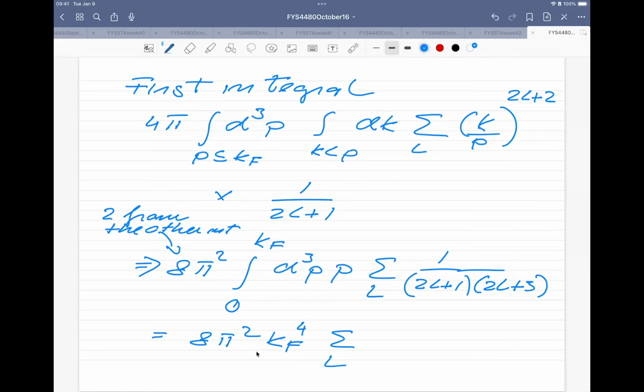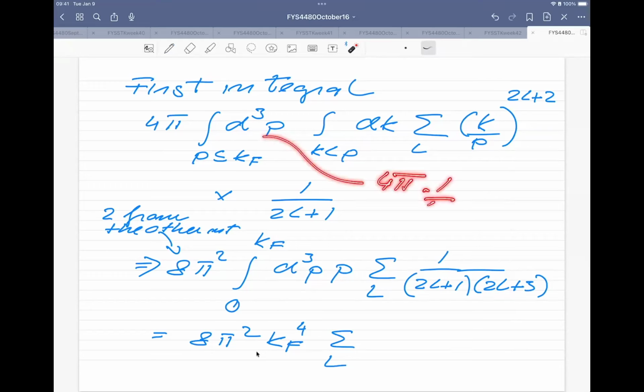And the expression now, so one of the pi's here comes from the integration over the angles, because here I will also have an integration over the angles, and that is going to give me a factor of 4 pi. But then when I integrate here over p, I have p times p squared, so that gives me p cubed, and that gives me a factor of 1 over 4, which then cancels another factor of 1 over 4, which I got from the angles here, which was a 4 pi.